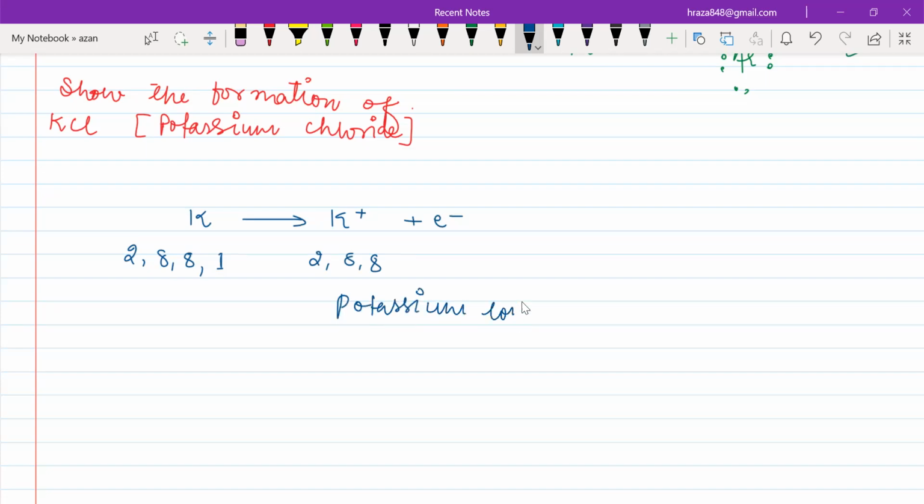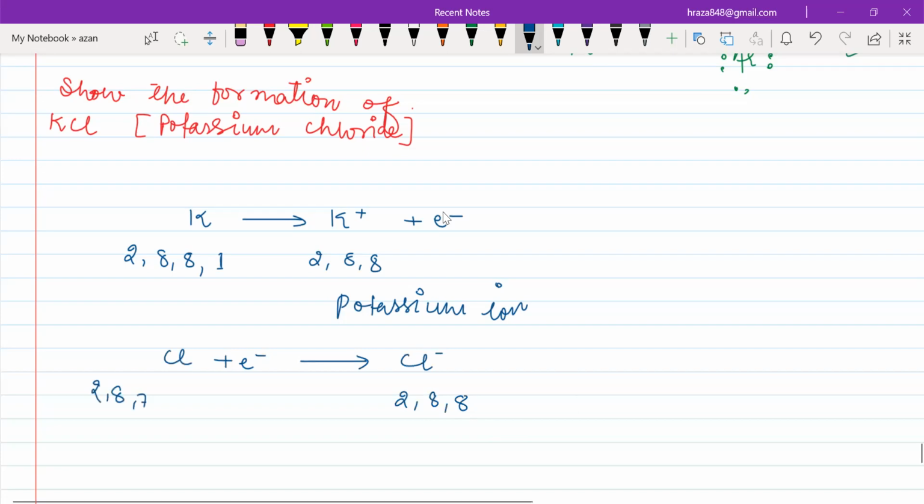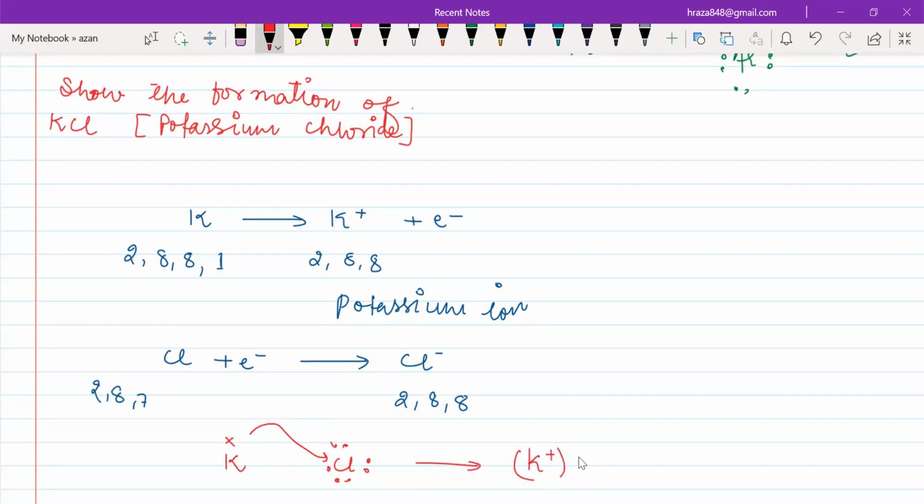Potassium ion. Then chlorine will gain one electron and form Cl minus. And then again, you can show like this. Did you do in the same way? Or you just did it in shortcut way?